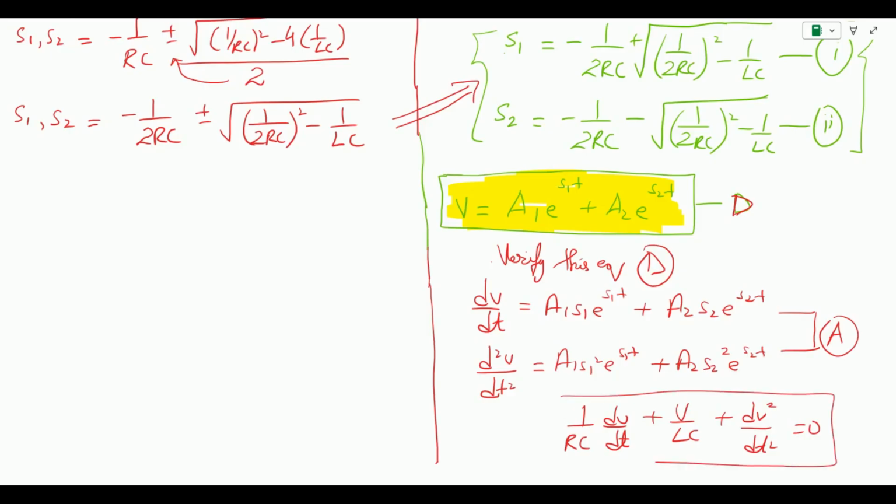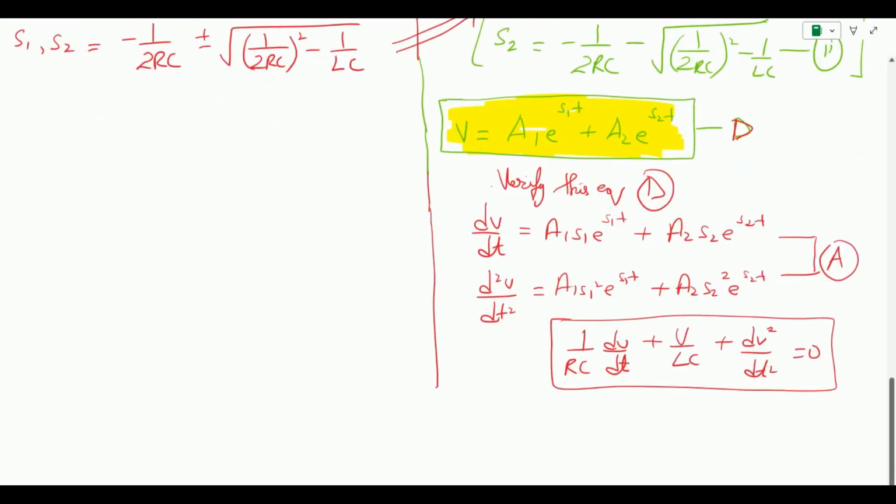So you just put the above two in this equation and you are going to get back the same equation number D, which we have just proven. It comes out to be A1 e raised to power S1t plus A2 e raised to power S2t. So this means that our assumption in the beginning was right, and hence we can find the voltage of a parallel RC circuit using this equation.